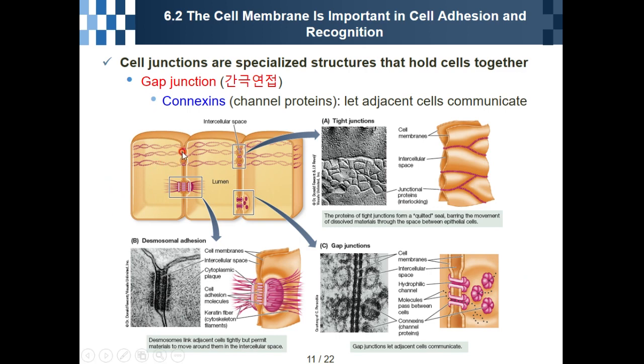Final one is the gap junction. Okay, this is the gap junction. This is the tight junction, this is the desmosome, and this is the gap junction. In the gap junction, connexin, a channel protein, plays an important role. The connexin proteins bind one cell and another cell together.